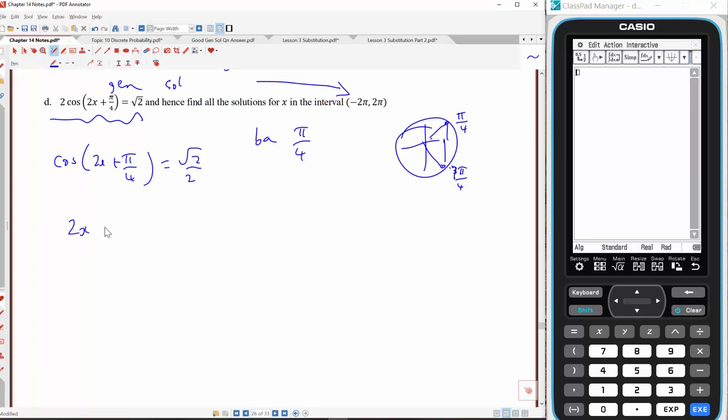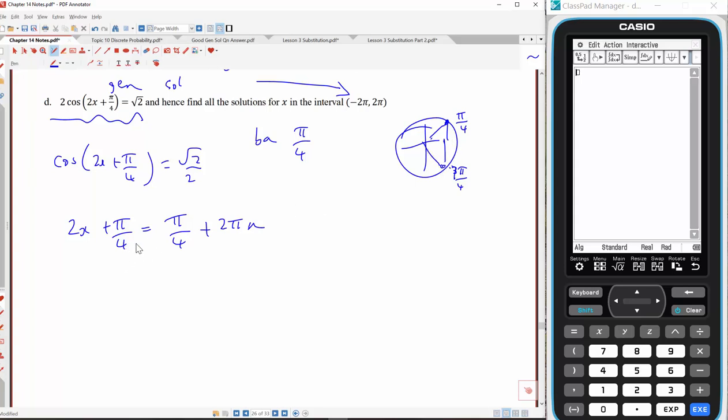So we're going to say this 2x plus pi on 4 equals pi on 4 plus 2 pi n. So there's our first solution. Now I know I've done a plus minus on one of the previous examples for cosine, and I could do it here, but I'm thinking ahead and I know something that's going to happen.